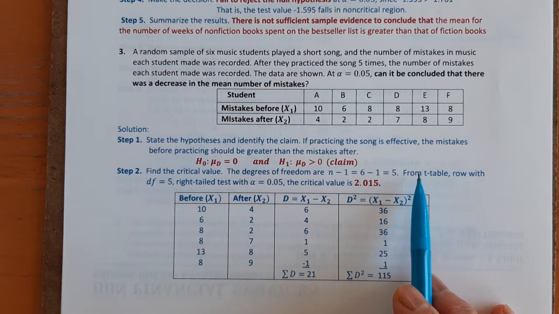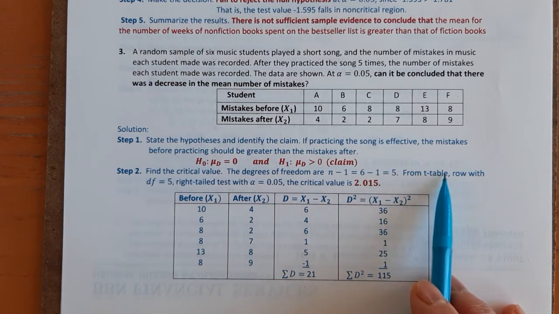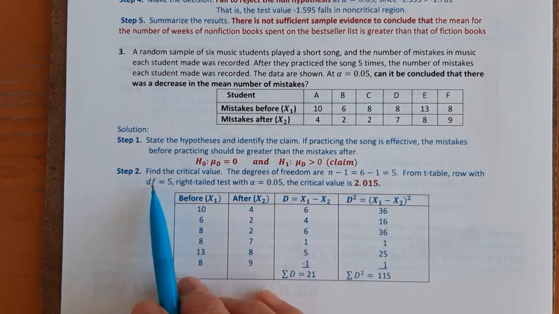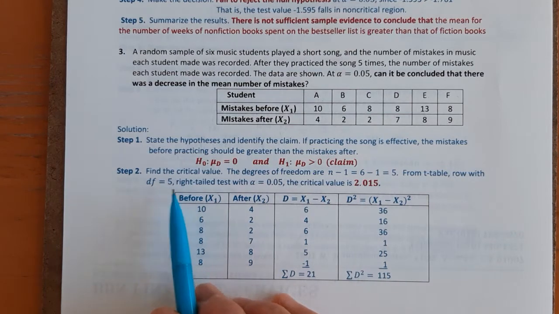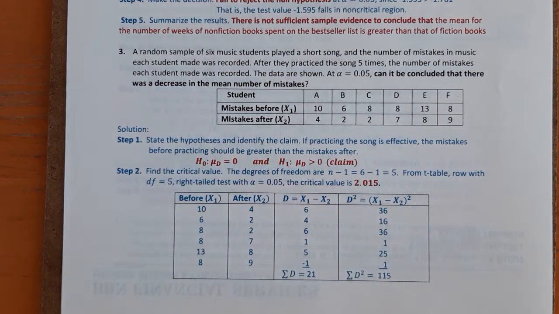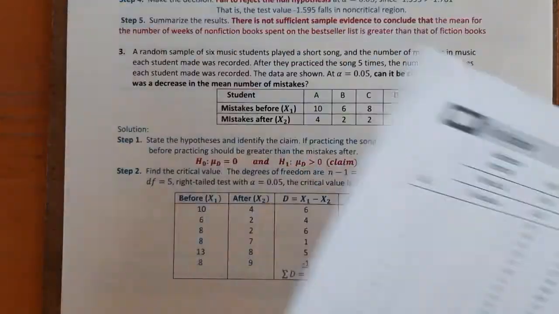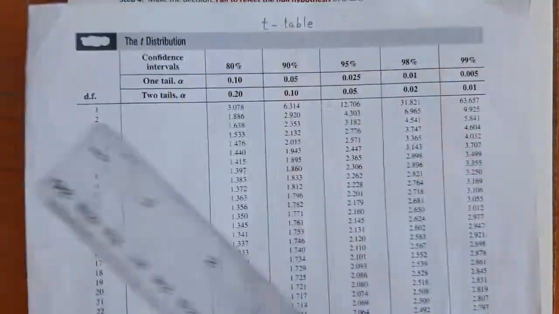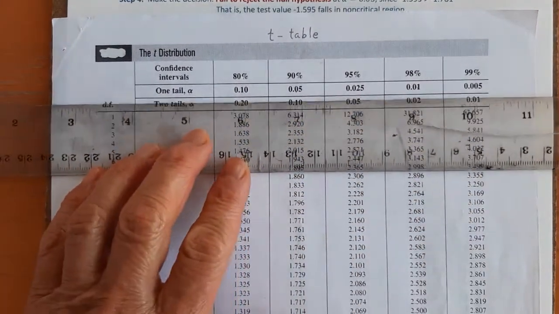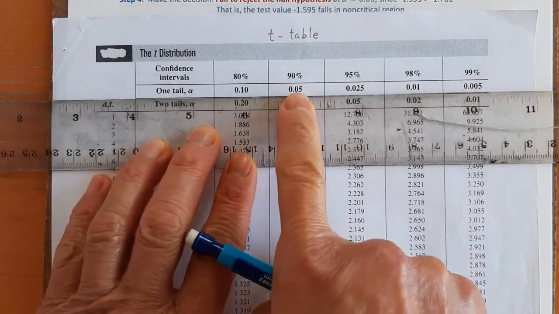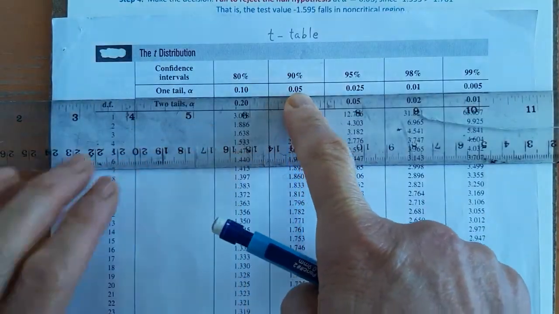And you go to the T table. The row with degrees of freedom 5, one tail, alpha 0.05.